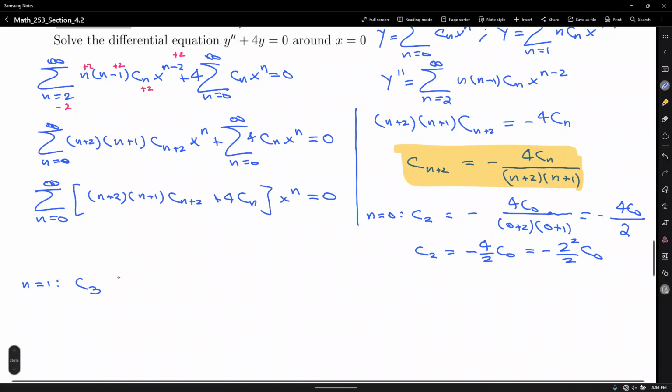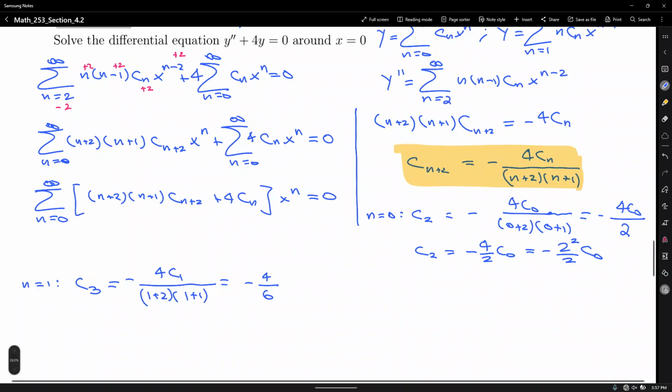Is that c sub 3 equals negative 4 times c sub 1 over 1 plus 2, 1 plus 1. Okay, so that is negative 4 divided by 3 times 2, is that 6?